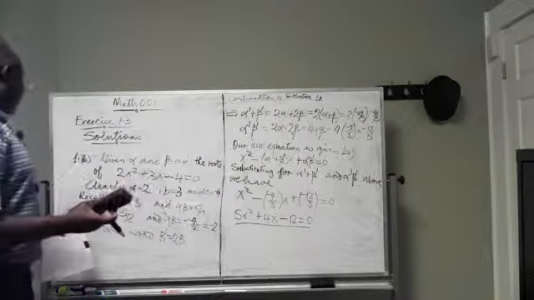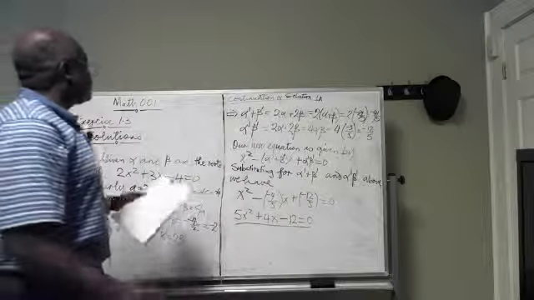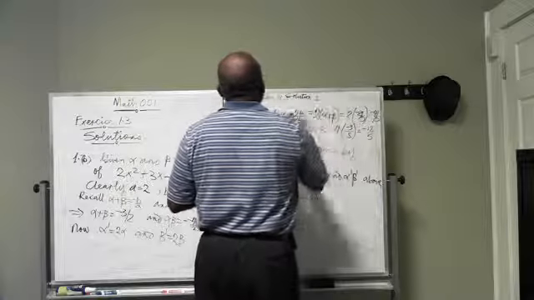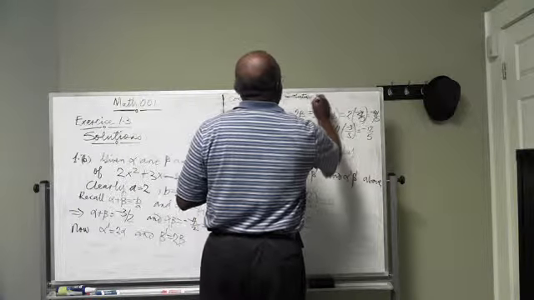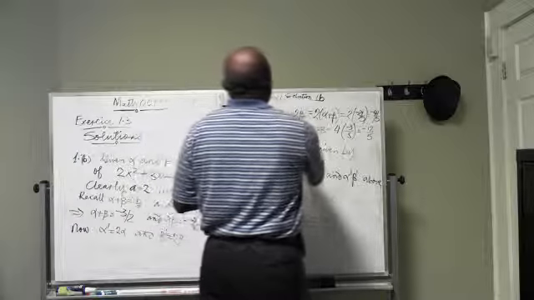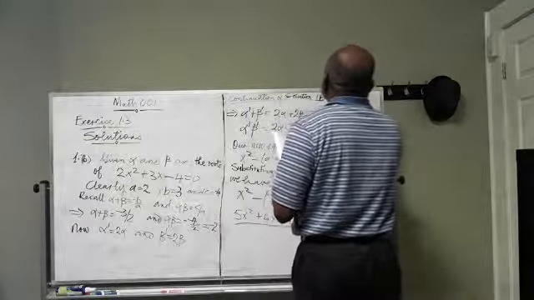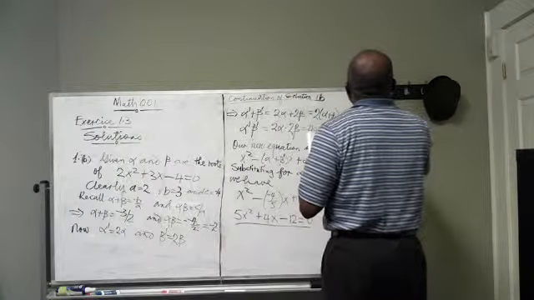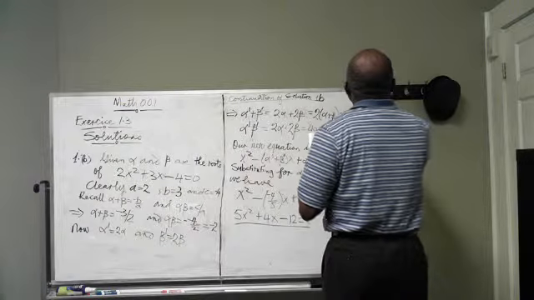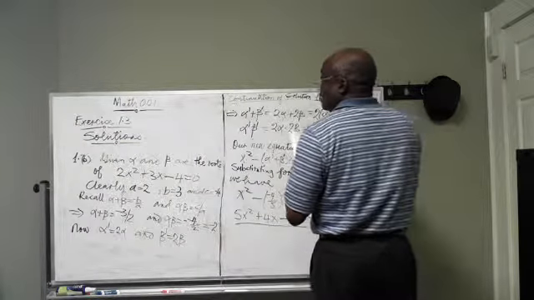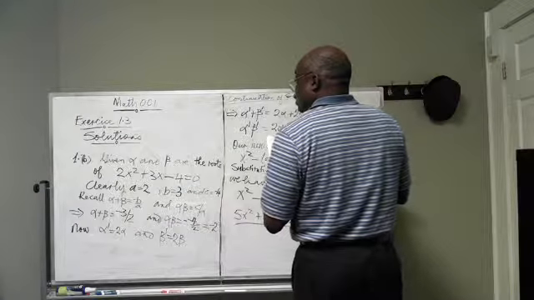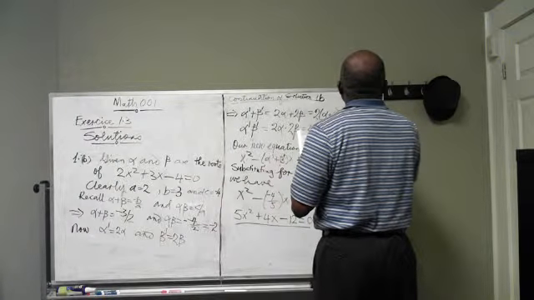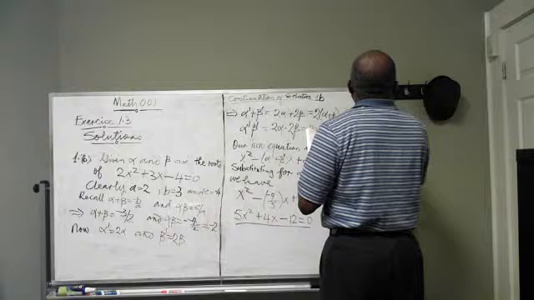Now we know that alpha prime equals 2 alpha and beta prime equals 2 beta, which results in alpha prime plus beta prime equals 2 alpha plus 2 beta, which is equal to 2 into alpha plus beta, which is equal to 2 into minus 3 over 2, which is equal to minus 3.